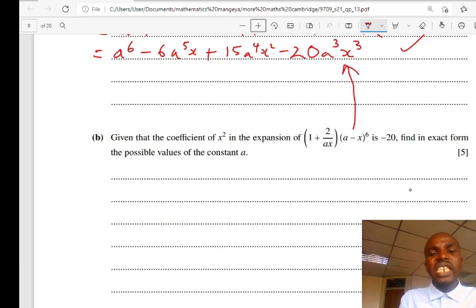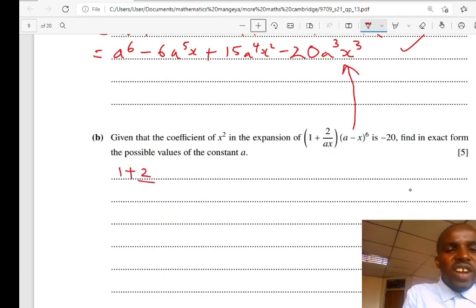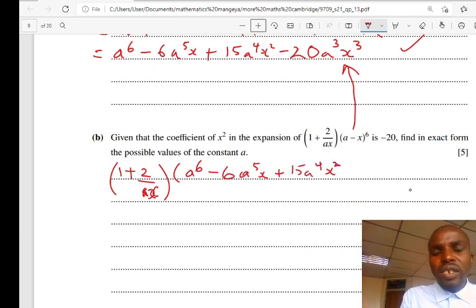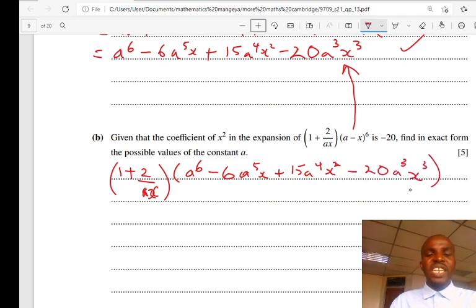You just take that expansion, you write 1 plus 2 over ax, then you multiply that with the expansion, a^6 minus 6a^5x plus 15a^4x squared, then minus 20a^3x cubed. Right, you have to write everything. That's the first stage, first level.